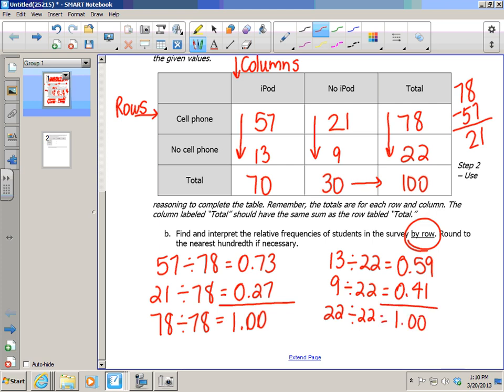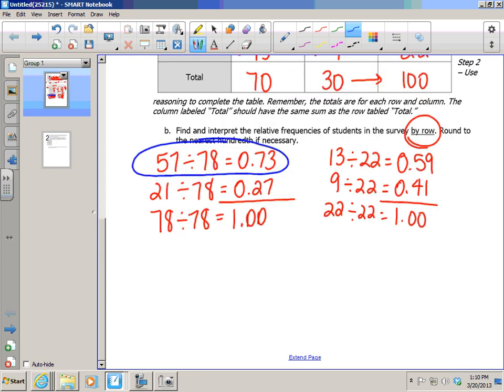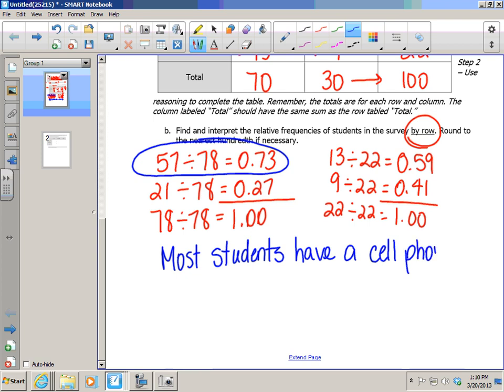So the largest that we are looking at is right here at 0.73, which means most students, from the table, have a cell phone and they have an iPod.